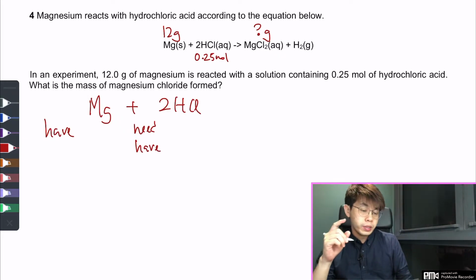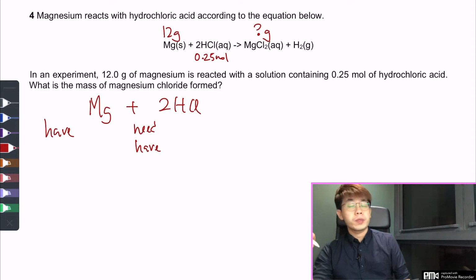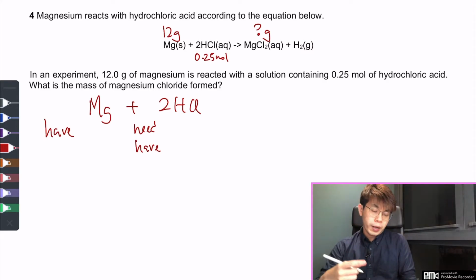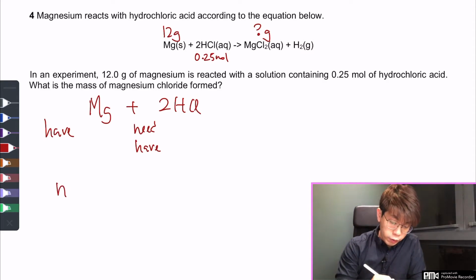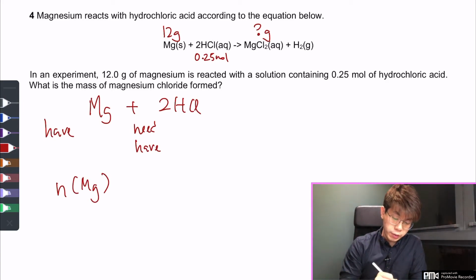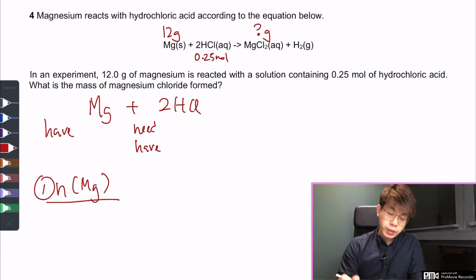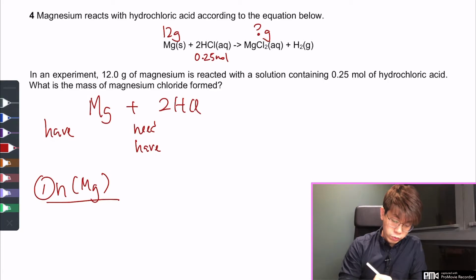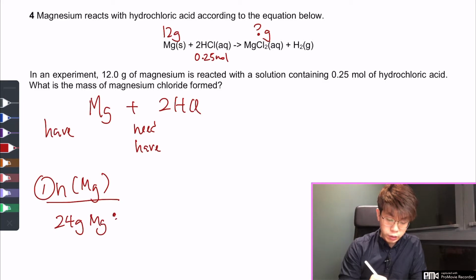So the question says that I have 12 grams, but I cannot compare using grams. So I need to first find out the number of moles of Mg. That's the first thing I need to find. Let's do that first. Mg has 24 grams of Mg equivalent to 1 mole.